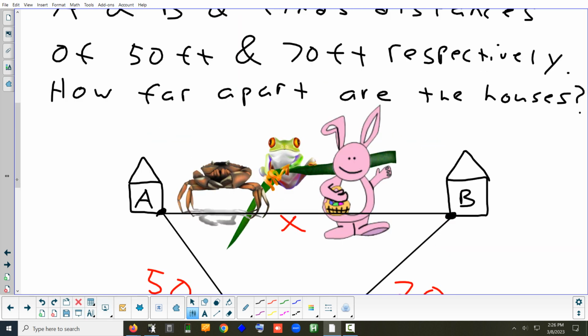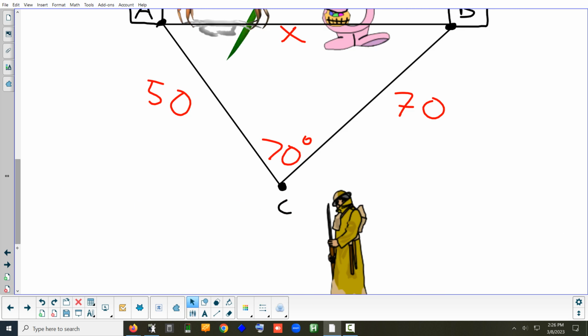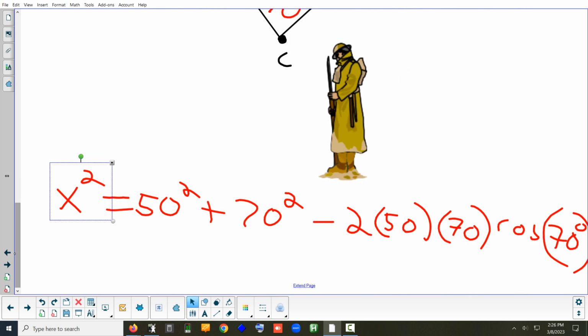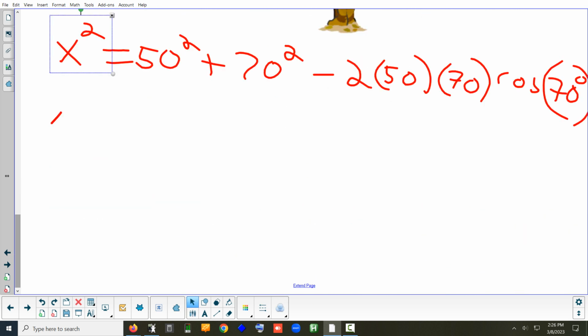Okay. And a lot of that we can do without a calculator to start. What's 50 squared? 2,500. What's 70 squared? 4,900. Okay, let's add those up.